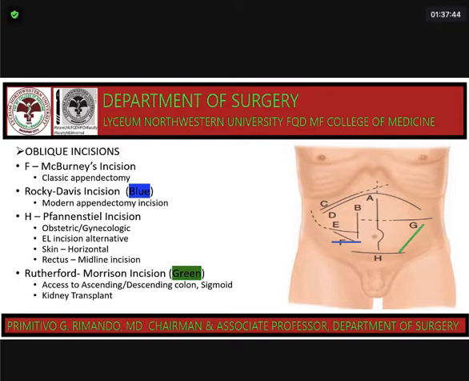For example, if I have a female patient with appendicitis who cannot afford a laparoscopic surgery, because laparoscopic surgery would entail additional cost for the lap machine, they would say, Doc, can you do the bikini line cut? That's the Pfannenstiel.